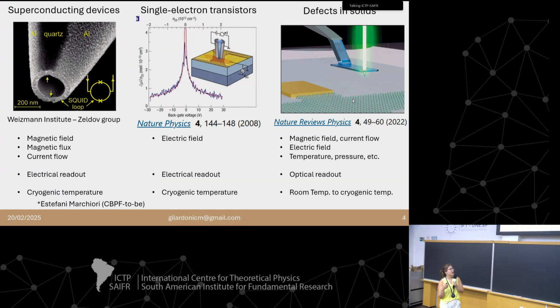You don't need to have electrical connections going in, and they can function all the way from room temperature to cryogenic temperature. So that's one of their biggest offers, right, that flexibility in temperature.